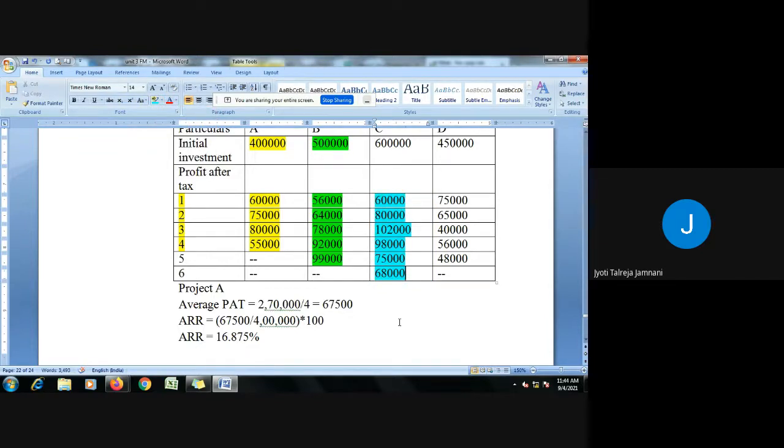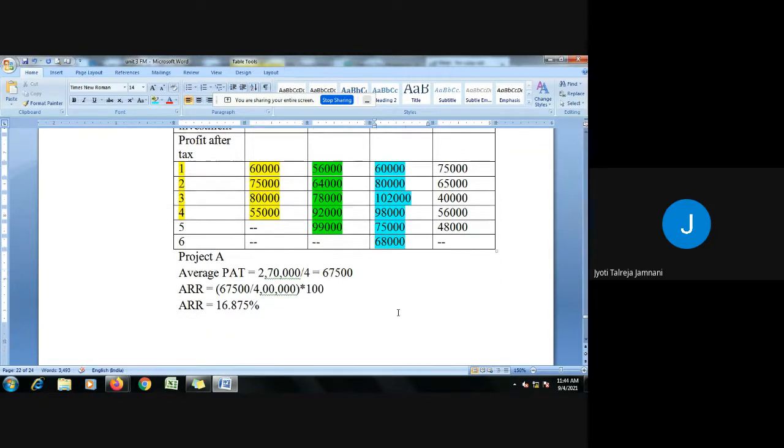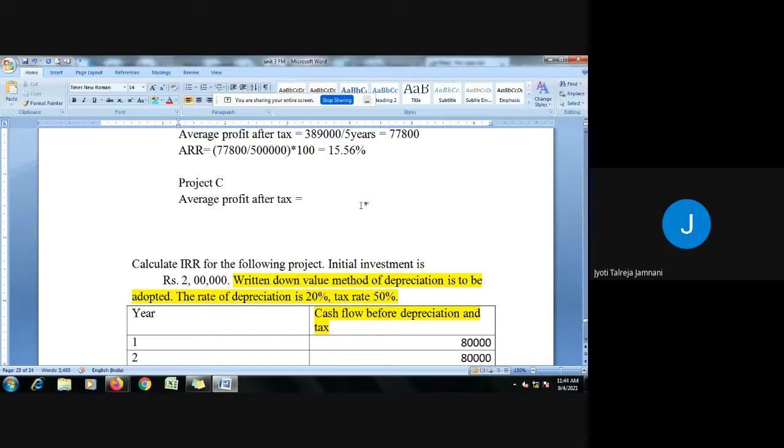So we add all the 6 years and get the total as 4,83,000. So 4,83,000 divided by 6 years, 80,500.